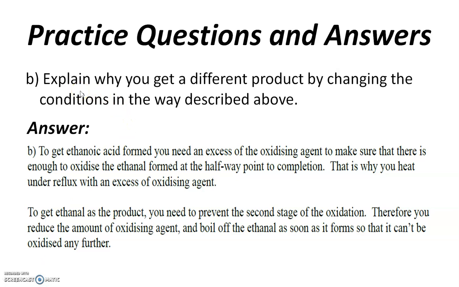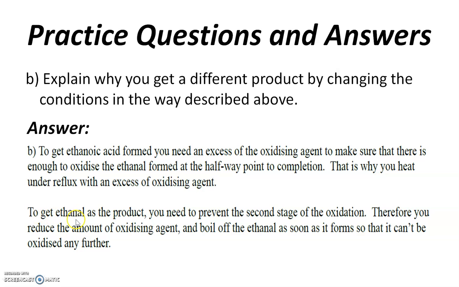Another question: explain why you get a different product by changing the condition in the way described above. To get ethanoic acid formed, you need an excess of oxidizing agent, to make sure that there is enough to oxidize the ethanal formed at the halfway point to completion. That is why you heat under reflux with an excess of oxidizing agent.